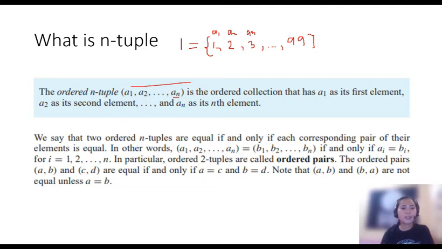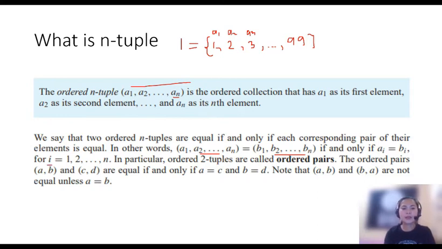We say that two ordered n-tuples are equal. Let's say we have two sets, and they have n elements each. We can say that two ordered n-tuples are equal if and only if each corresponding pair of their elements is equal. In other words, this expression: if and only if a sub i equals b sub i, for i from 1 to n.